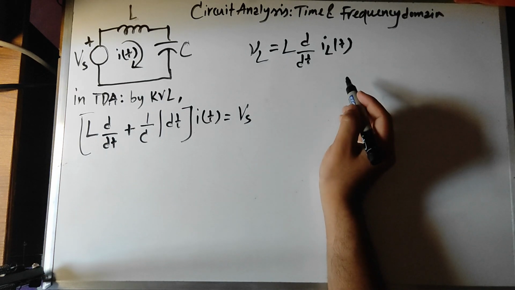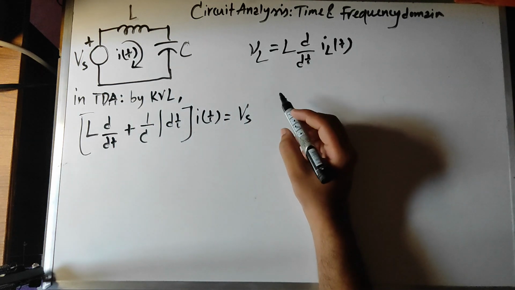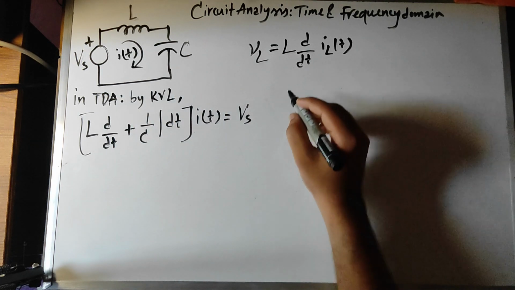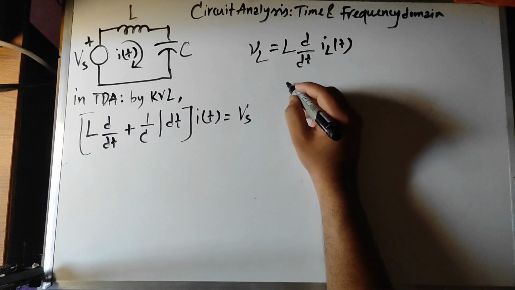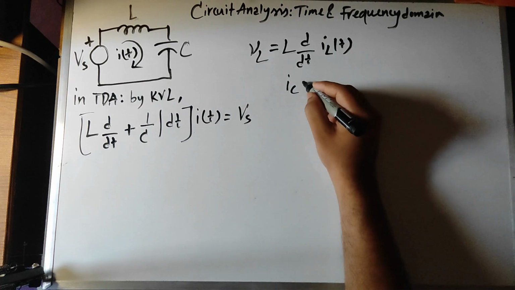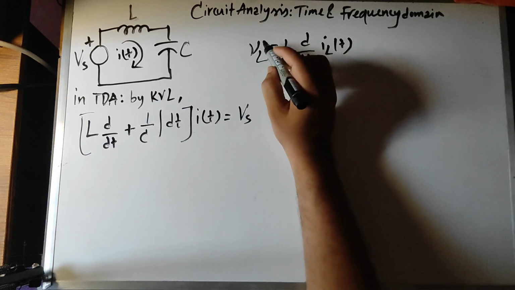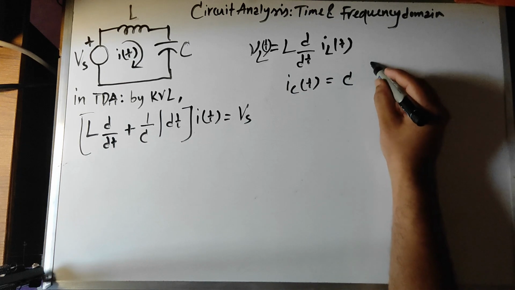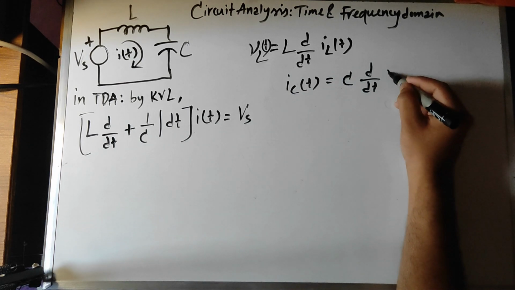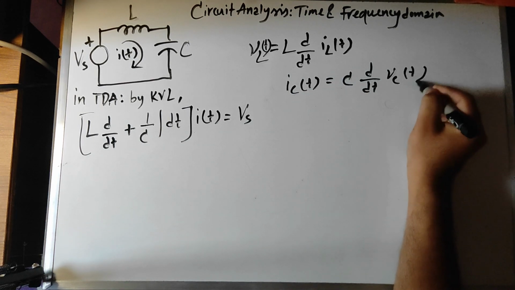This is the expression for voltage across the inductor. The current through the capacitor is i_C, which is also a function of time, which is C d/dt of the voltage across the capacitor.